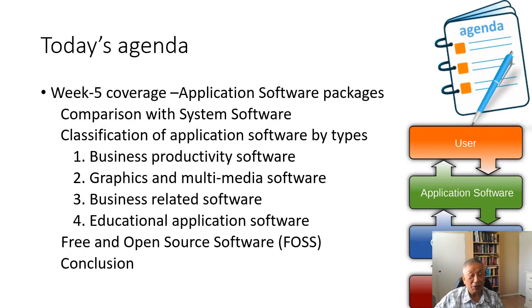Okay, so let's go ahead with today's agenda. First of all, even if I covered that before, just a little bit about the comparison of application software with system software. Then there are many categories, actually thousands and thousands of different types of application software, as many as the number of applications. That's what application software is all about.